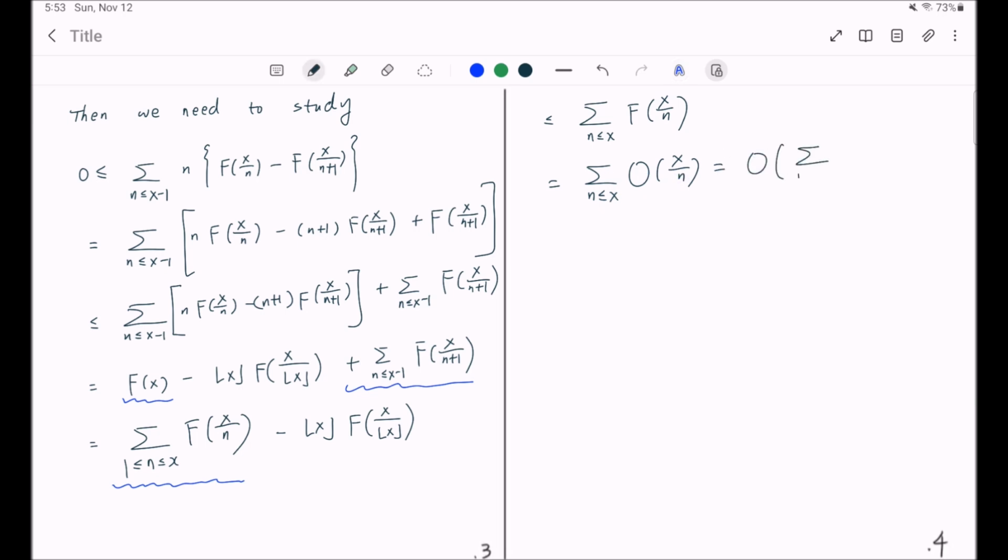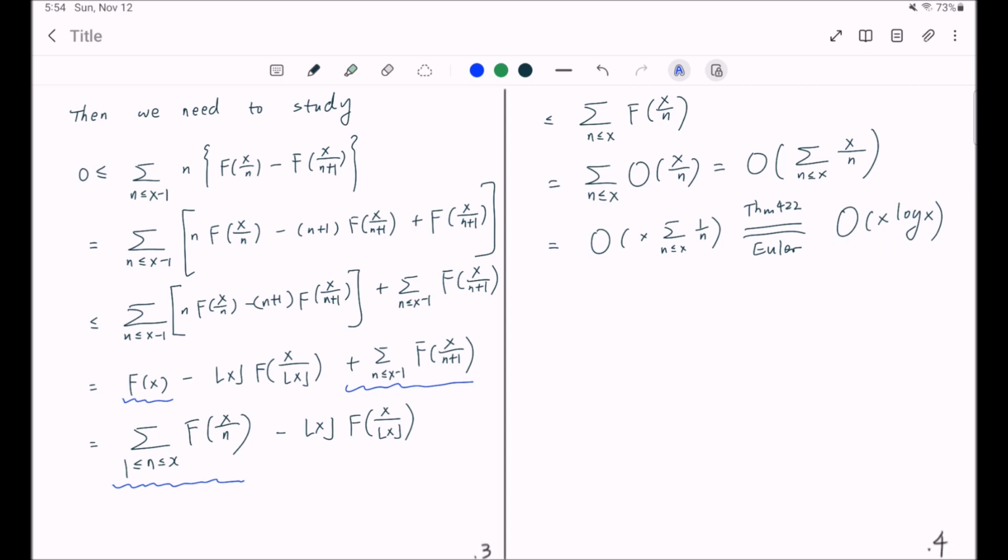It will become big O of the sum for n less than or equal to x of x divided by n. And this, by Euler theorem, if you pull out this x, what is the summation of 1 over n for n less than or equal to x? By Euler theorem, namely theorem 422, this is big O of x times log of x. So we have an estimate of this as big O of x log of x. And that is precisely what we need.